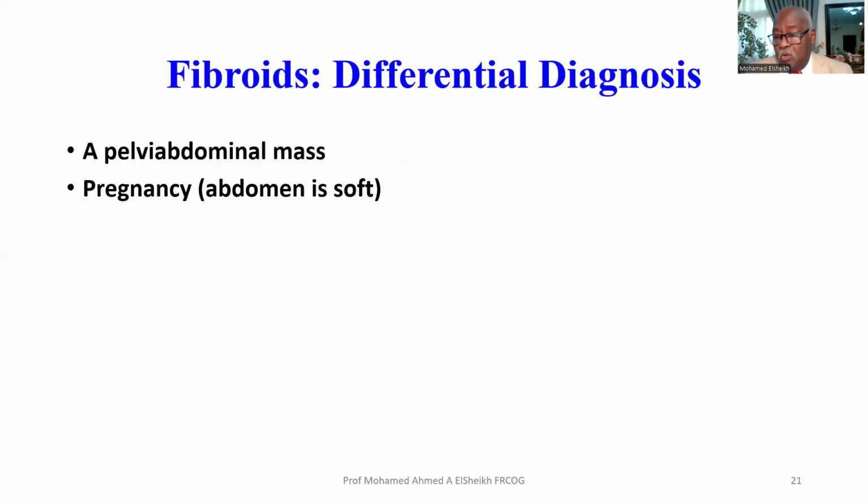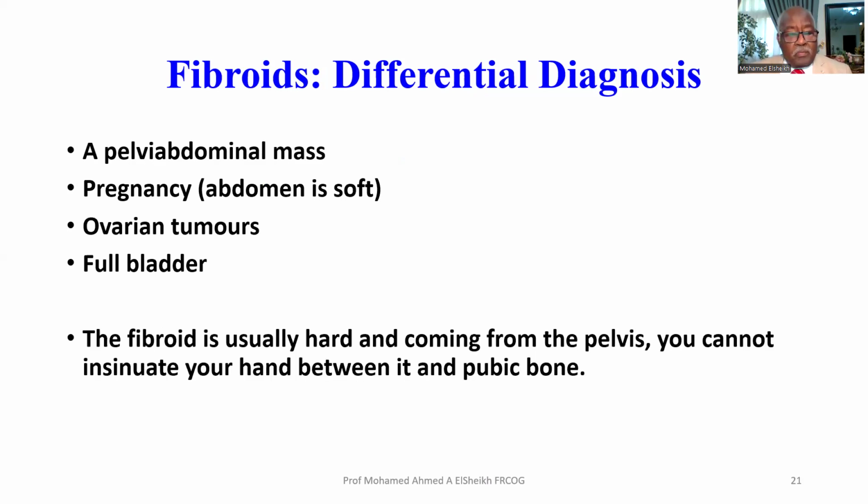The differential diagnosis of fibroids, like any pelvic abdominal mass, has to be considered. First is pregnancy; in pregnancy, usually the abdomen is soft. The next group is ovarian tumors or a full bladder.